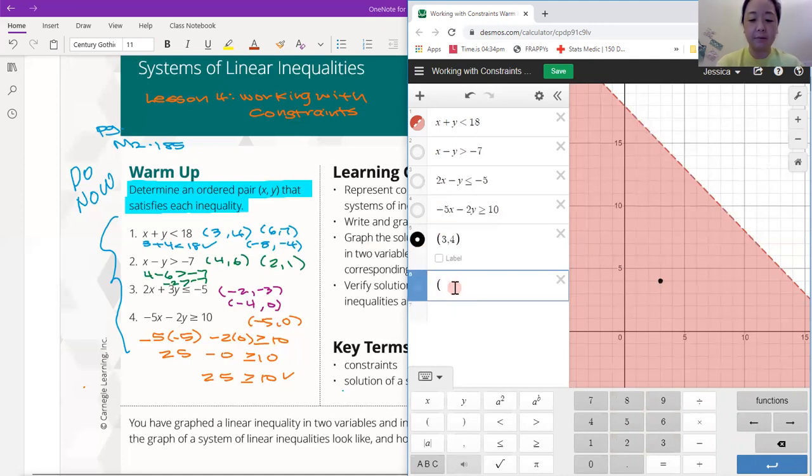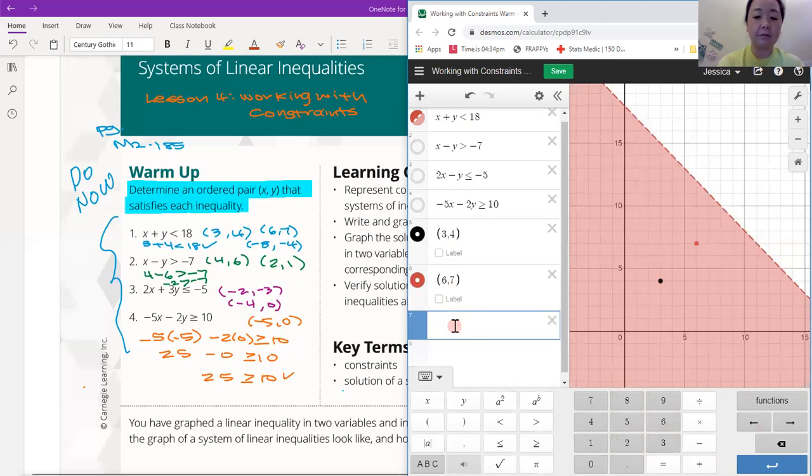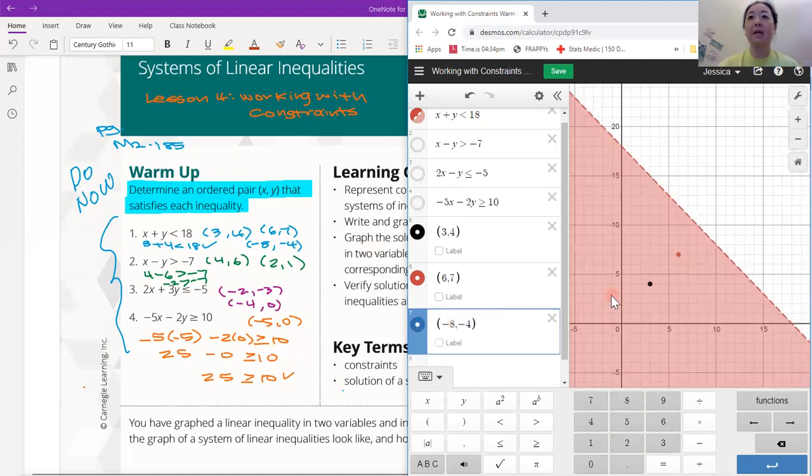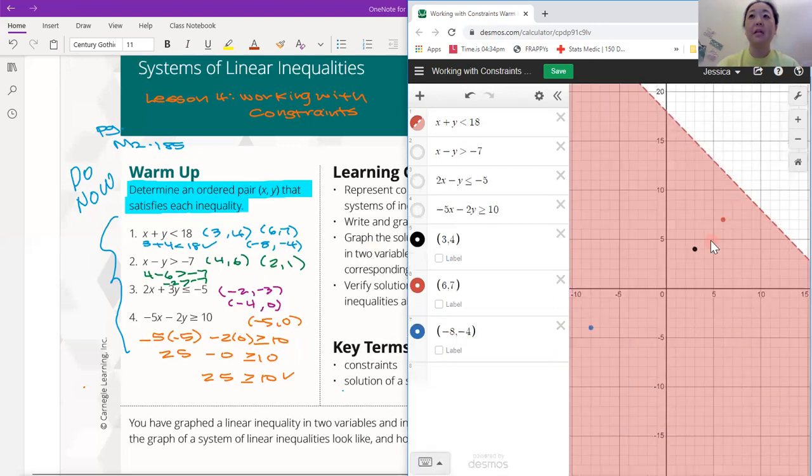And same thing with 6, 7, and also -8, -4. And if you notice, in that one you can't see because it is over here. They're all in the shaded area. The reason why is because any point in the shaded area is going to work.